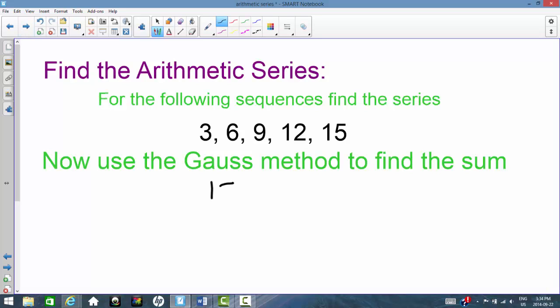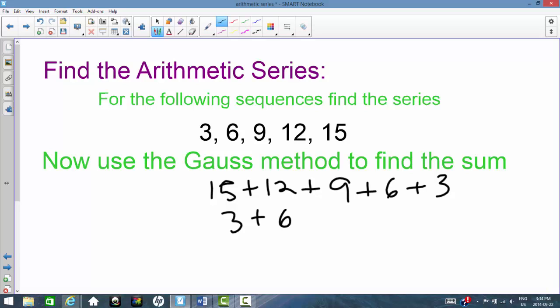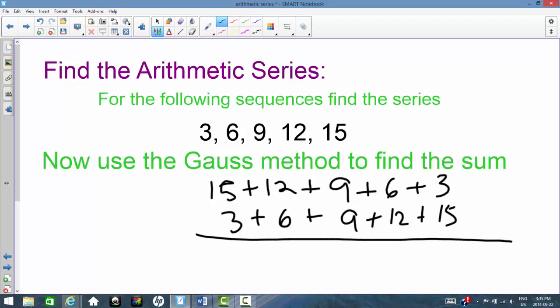So it's 15 plus 12 plus 9 plus 6 plus 3. That's the backwards way. And then we write it forwards: 3 plus 6 plus 9 plus 12 plus 15. And if we add those together, it's 18 plus 18 plus, and they're all 18, right?